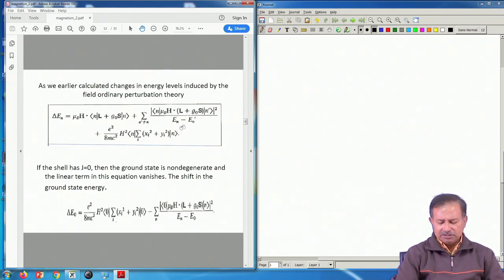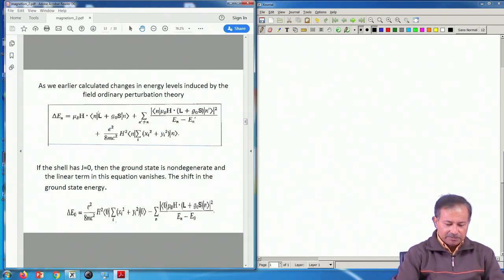So, this was something that we have been showing many times. This is all that we got from the second order perturbation. These are the terms. Now, the thing that I mentioned, that a shell has, suppose, J equal to 0, then the ground state is non-degenerate of course, and the linear term in this equation will vanish.